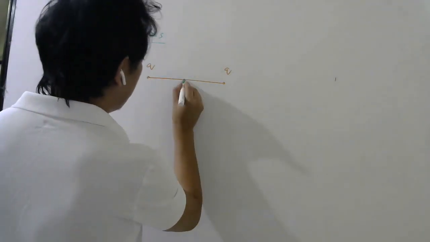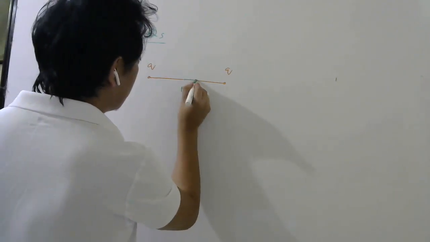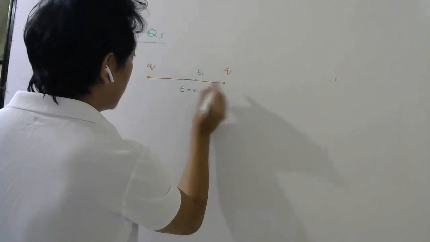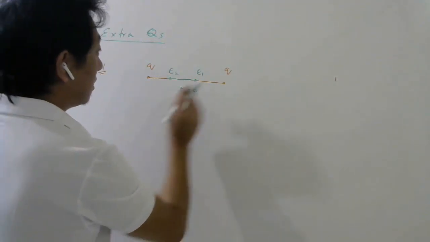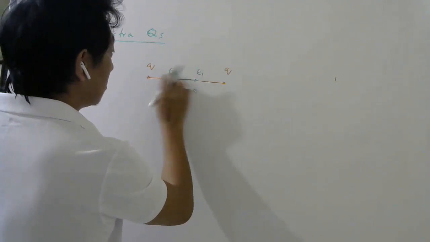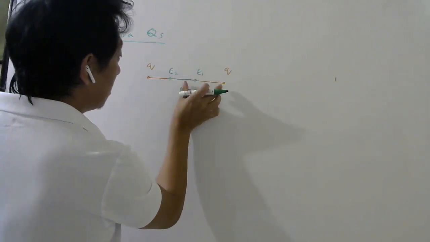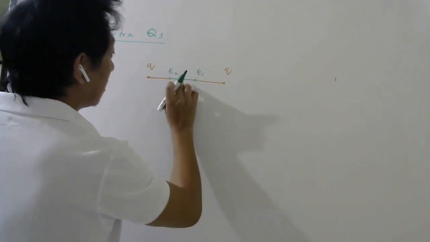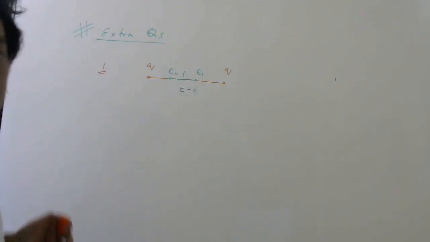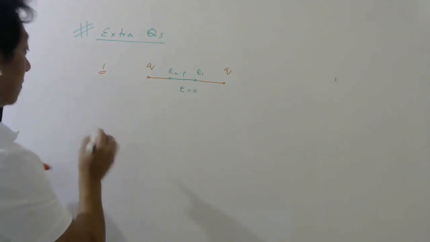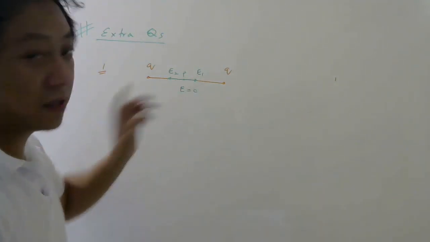If the charges are equal, then at the midpoint the electric field will be 0, because this charge will produce electric field E1 here and this will produce E2. Since the charges are the same, the electric fields must be the same in order to cancel, so this distance and this distance should be the same. That means the point where electric field is 0 is at the midpoint. Everybody understood, right? So when charges are equal in magnitude, at the midpoint the electric field is 0.